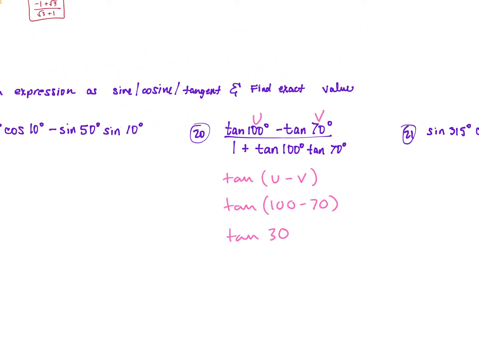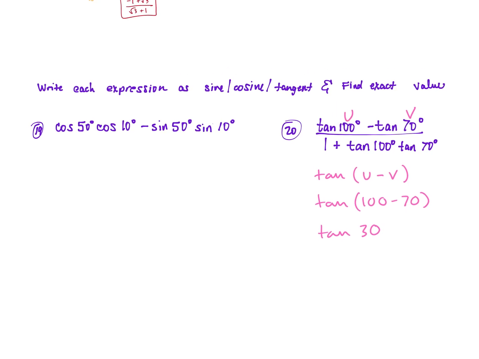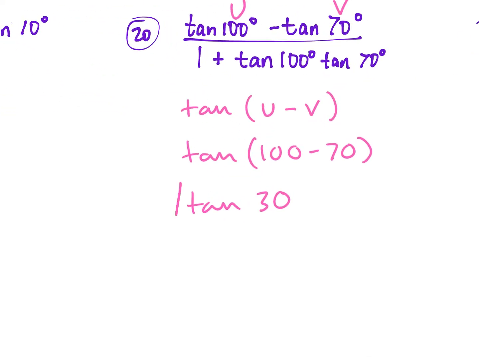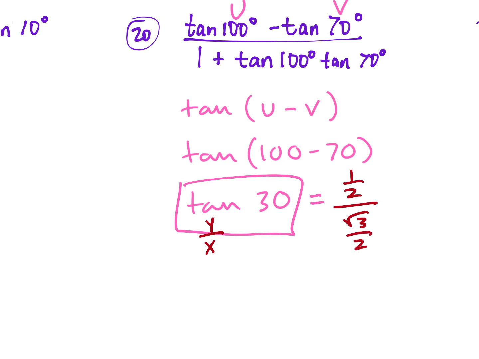So these questions will say, write each expression as sine, cosine, or tangent. This is writing the expression as tangent of 30. But then we have to find the exact value. So tangent, we know, is what over what? Y over x. So at 30 degrees, what's y over x? 1/2 over square root 3 over 2.